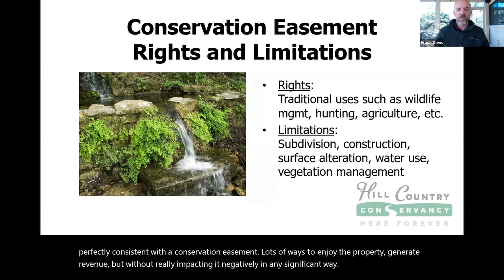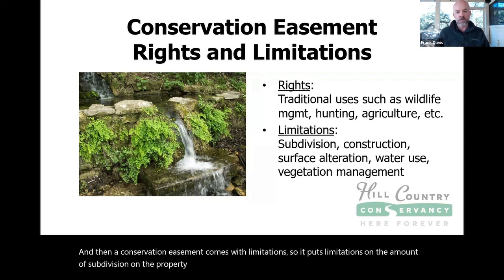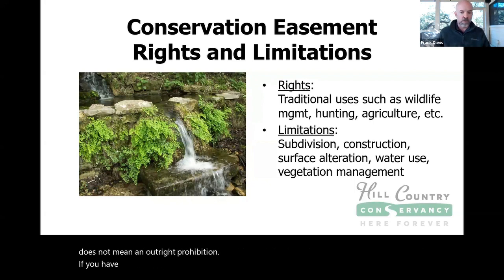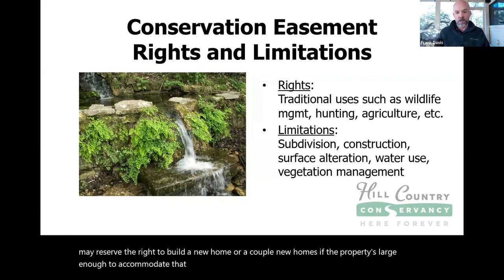And then a conservation easement comes with limitations. So it puts limitations on the amount of subdivision on the property, on the amount of construction. Notice I'm saying limitations. This does not mean an outright prohibition. If you have a particularly large property, you may reserve the right to split it into two pieces. You may reserve the right to build a new home or a couple new homes if the property is large enough to accommodate that.